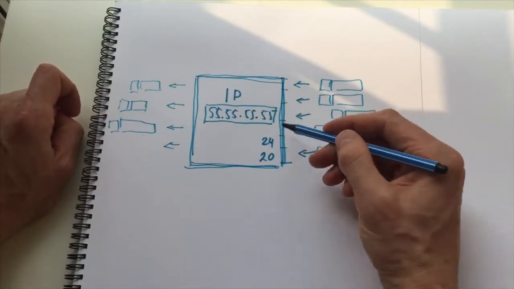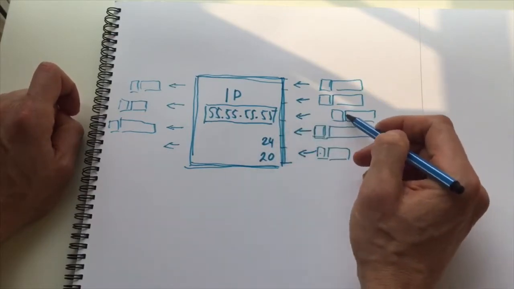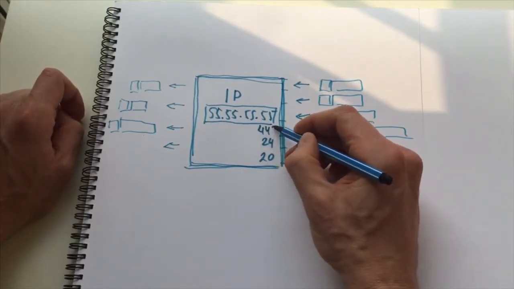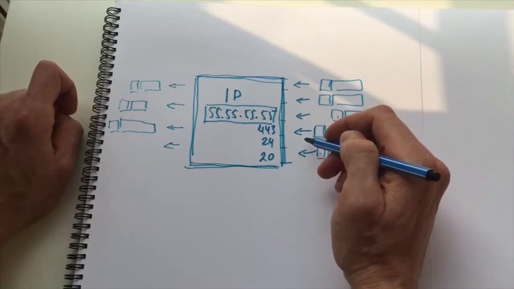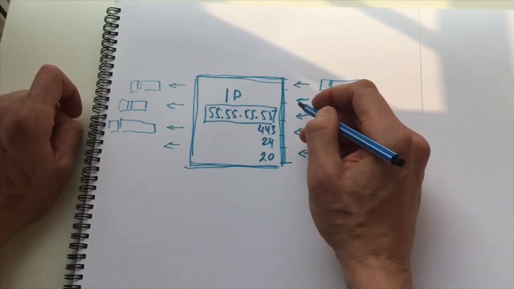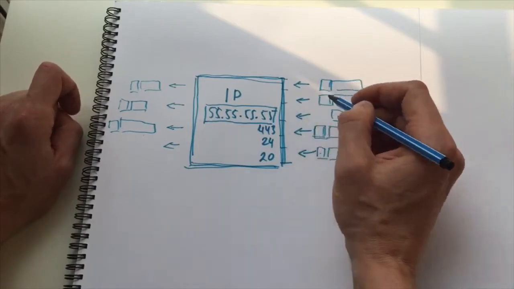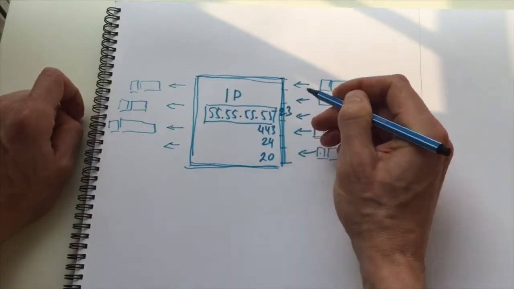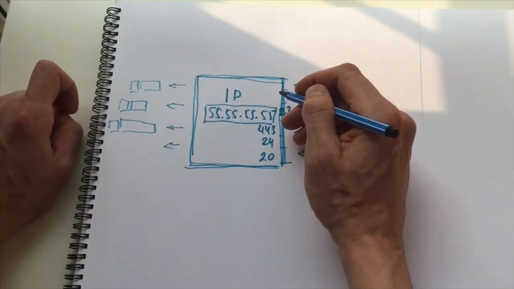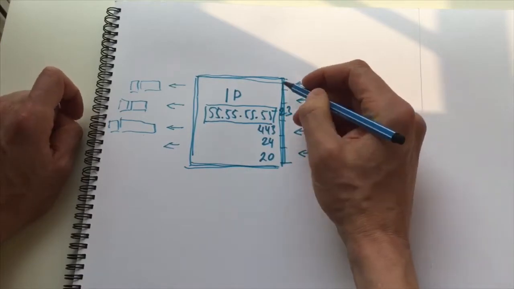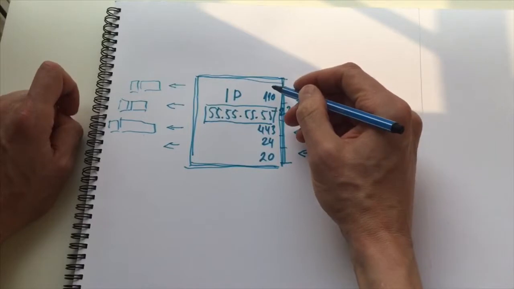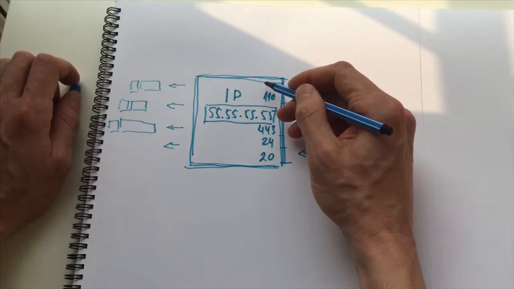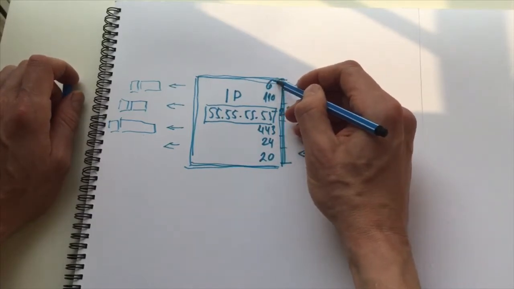If you want to receive data from the internet, this is the internet truck, you use port 443. This is the HTTPS port. If you want to connect directly to some other computer, you use port 23. This is the telnet port. If you want to receive another type of mail, you use port 110. If you want to reach another type of service called DHCP, you use port 67.